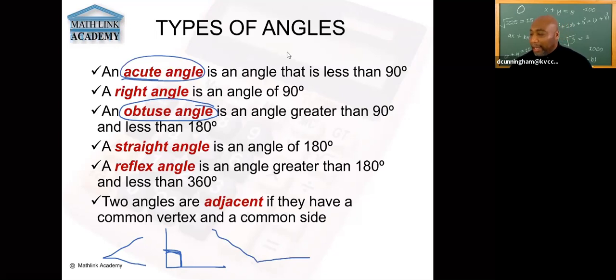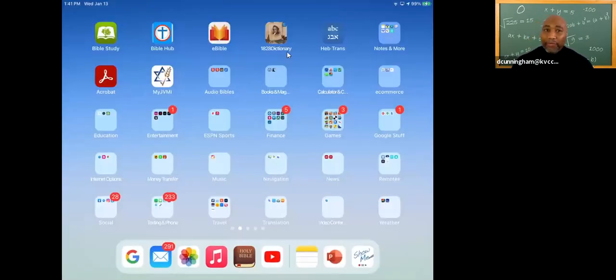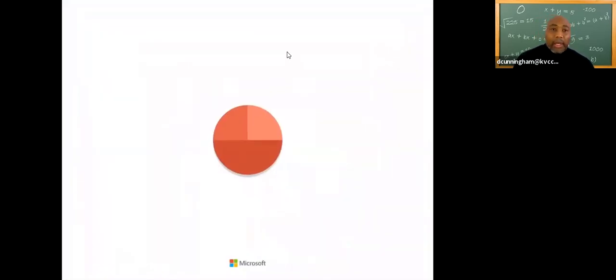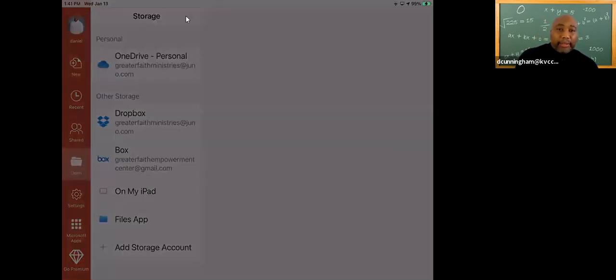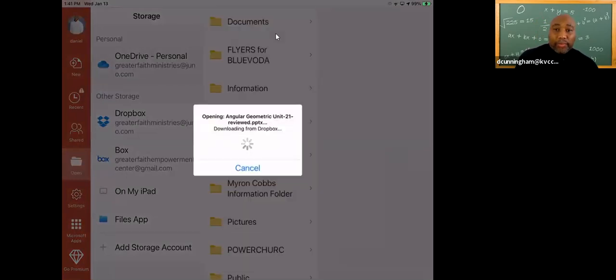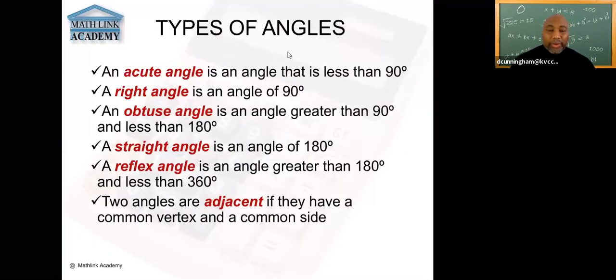A straight line is 180 degrees. So here's our straight line, and I'm going to put a dot here. From here to here is 180 degrees.